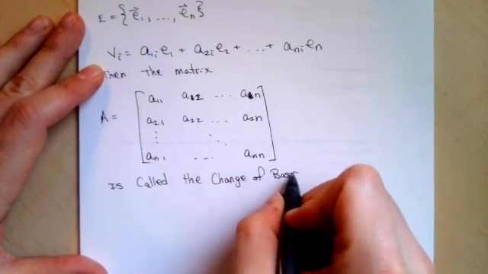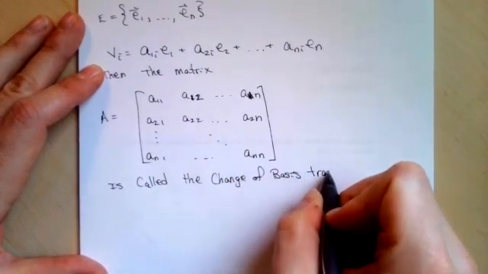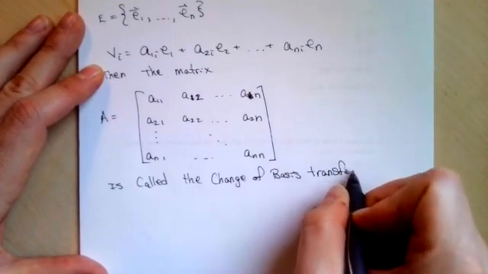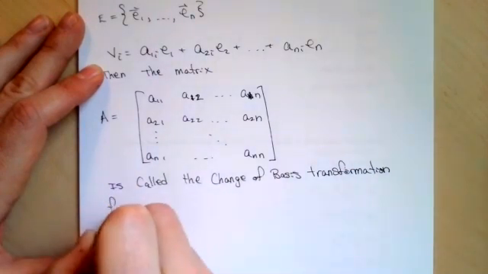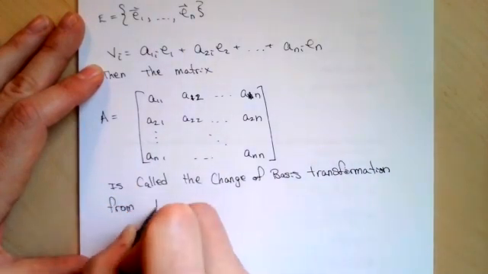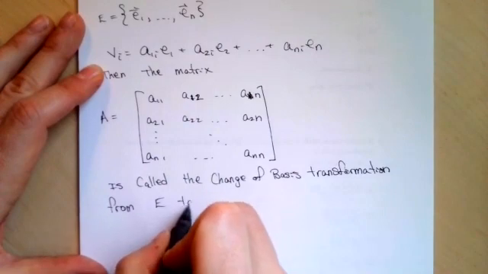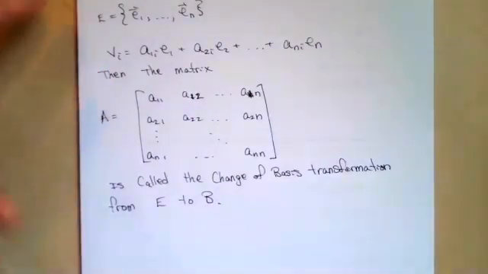You call it a matrix, or you can even call it a transformation, from E to B.